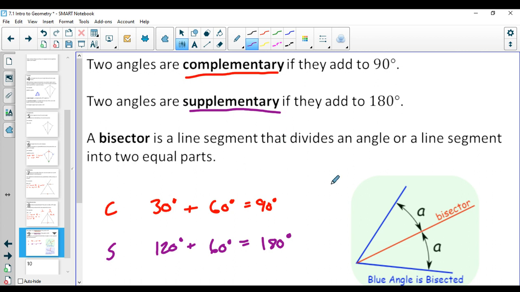Now, I have a little trick for memorizing that complementary is 90 degrees and supplementary is 180. It's kind of a silly little trick, and it might not work for you, but how I remember it is I know the two numbers are 90 and 180. If I remember 90 and 180, I'm good. And then the way I think about it, complementary starts with a C, and there's one C in there, so that's 90 degrees.